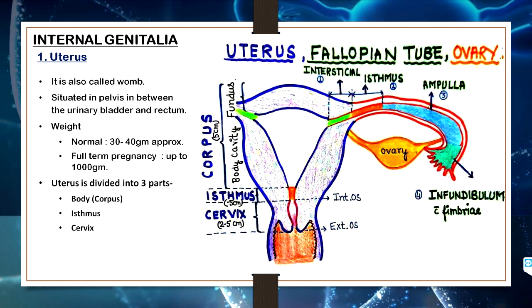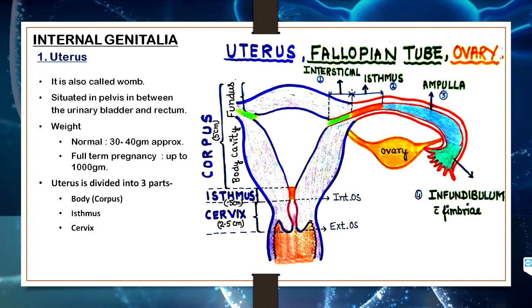Within the myometrium is the endometrium. This endometrium is also very important; later, when we discuss the menstrual cycle, I will discuss it. The endometrium changes to decidua during pregnancy, because it becomes highly vascular. So the endometrium of a pregnant lady is called decidua.